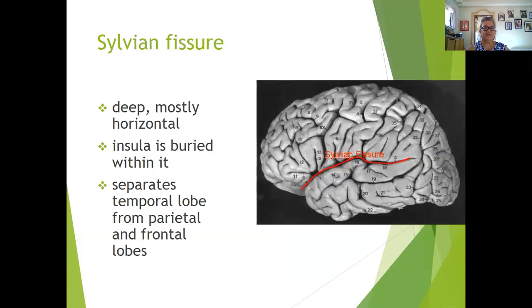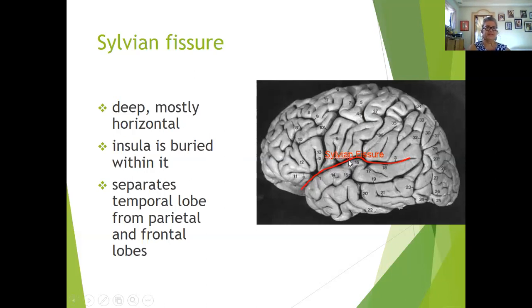Now the Sylvian fissure, so this is a lateral fissure, and it is deep and mostly horizontal. And when you open this, remember, this is another favorite structure that will be found in your practical exam. Insula is buried within it, and it will separate your temporal lobe from your parietal and your frontal lobe.